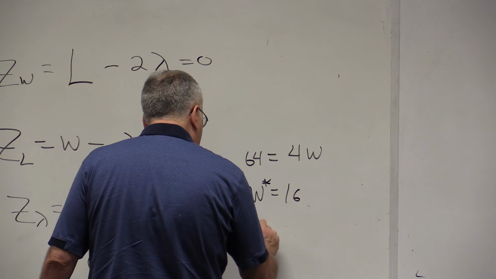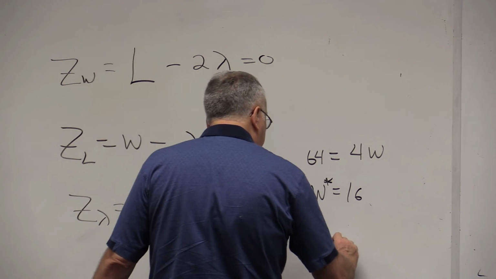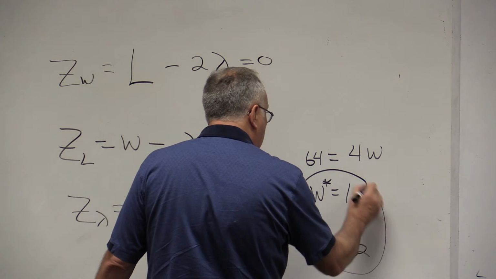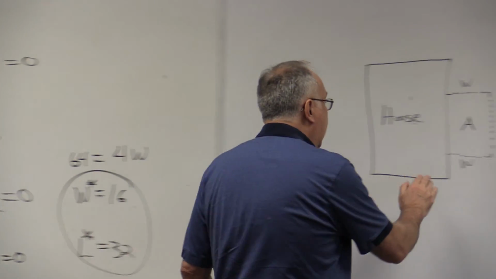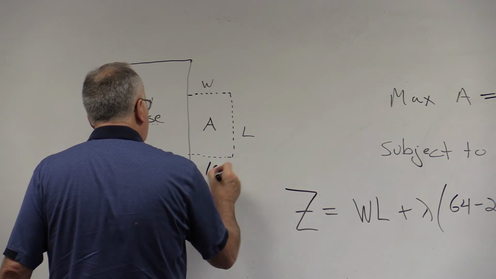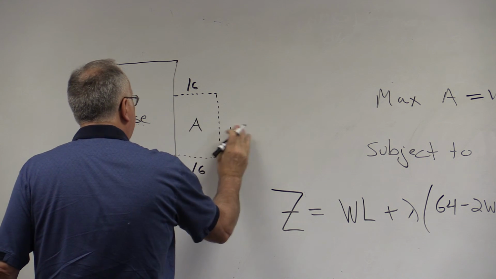So our L star, remember L is equal to 2W, would be 32. So if you want to maximize the area, looking at just the first order conditions, W should be 16 and L should be 32.